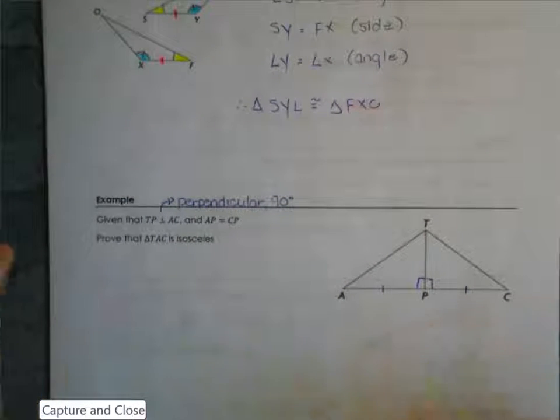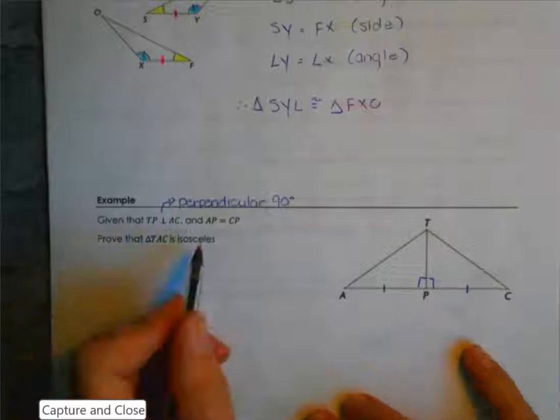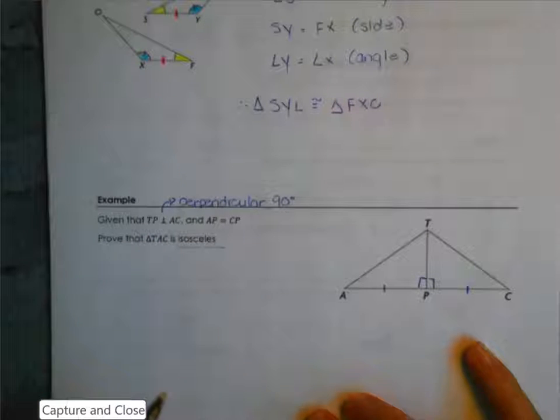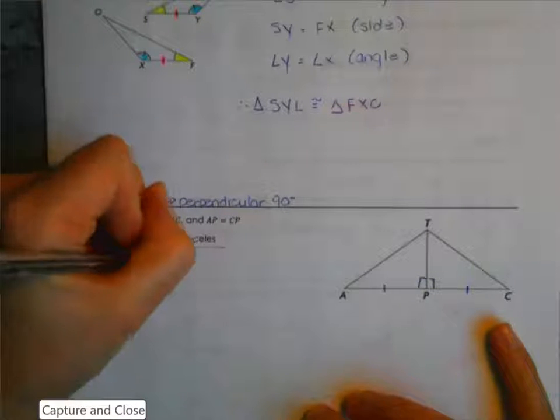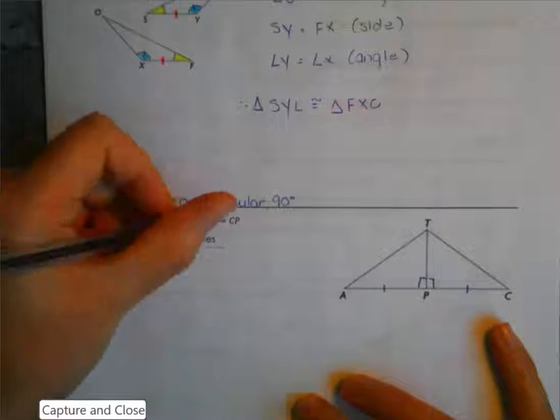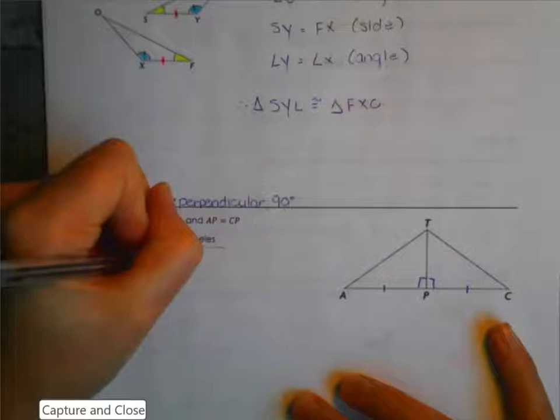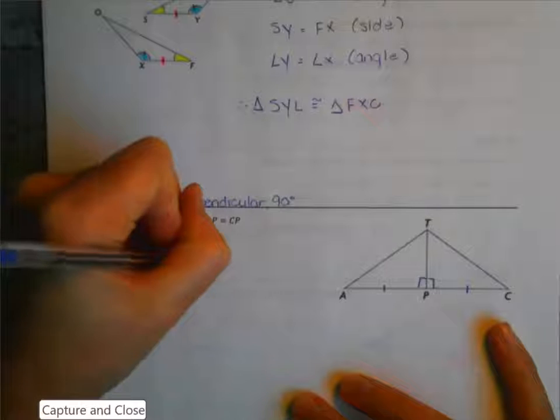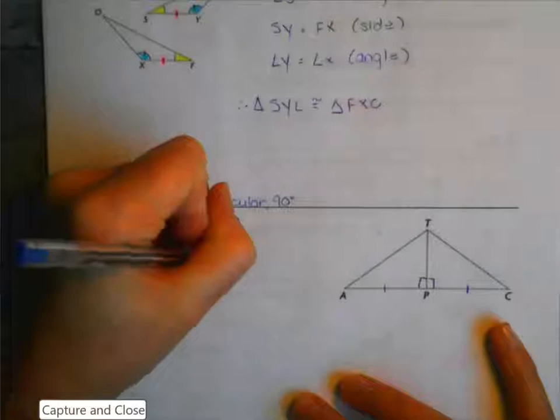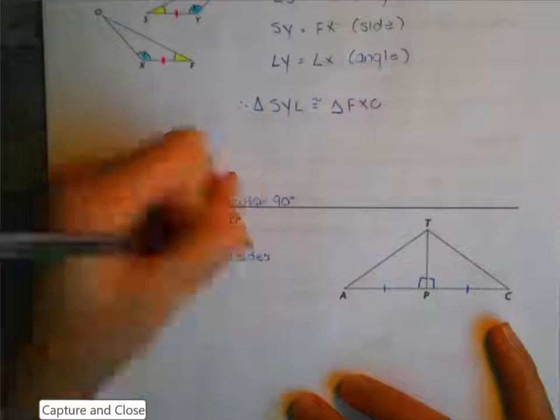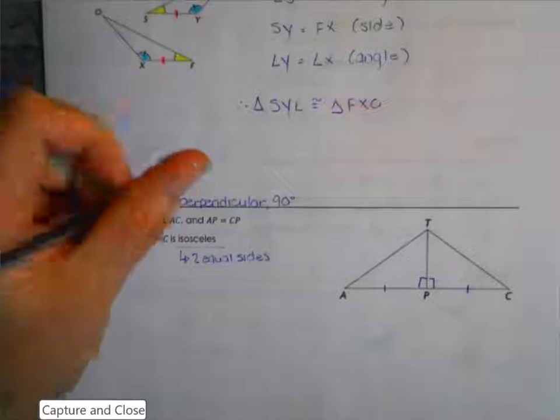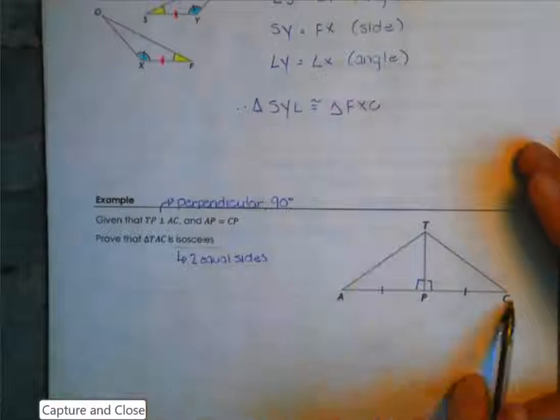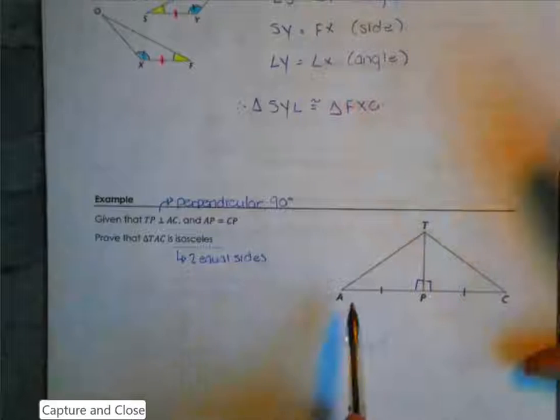Okay? And we're trying to prove that TAC is isosceles. So if you remember, we mentioned isosceles earlier in the unit, and an isosceles triangle is one that has two equal sides. Okay, so basically that means that if we look at this TAC, we're going to have two sides that are equal to each other.